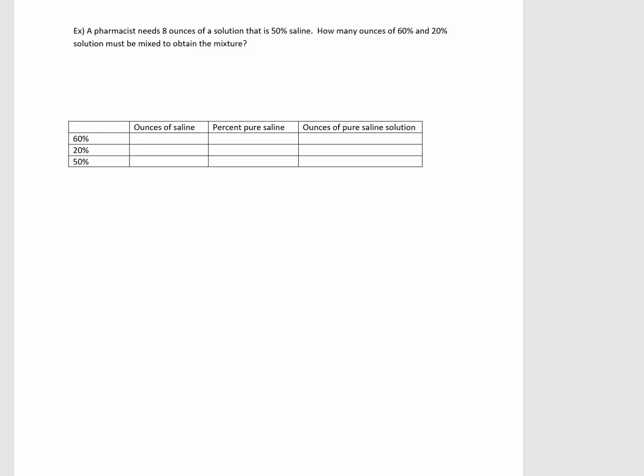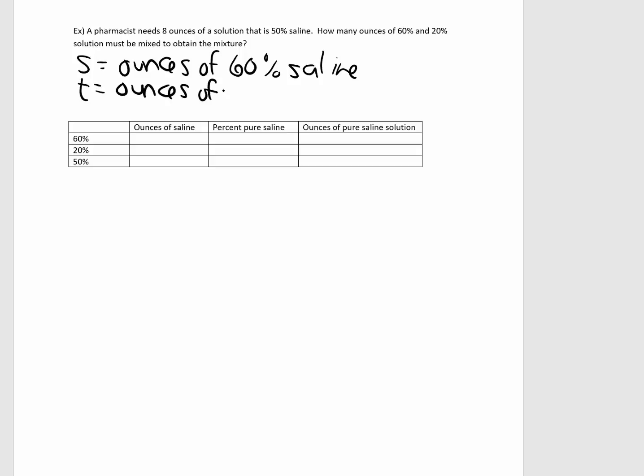So let's write it out. S equals ounces of 60% saline, and T is ounces of 20% saline.